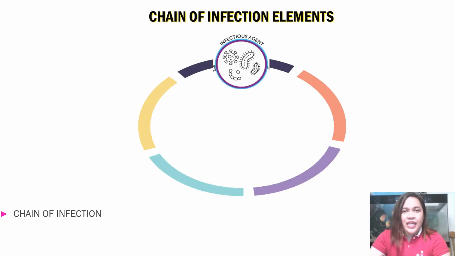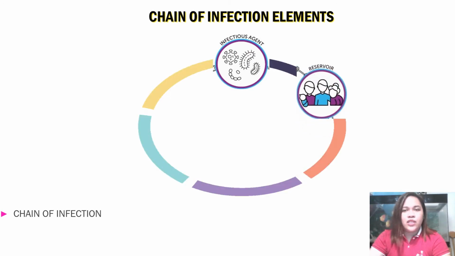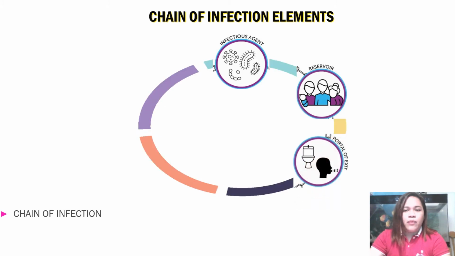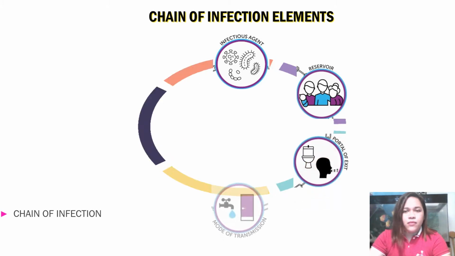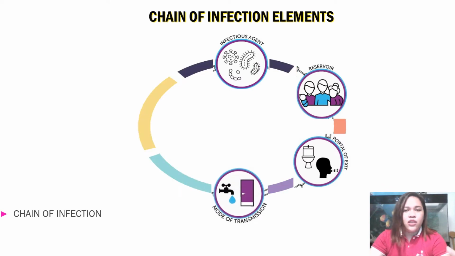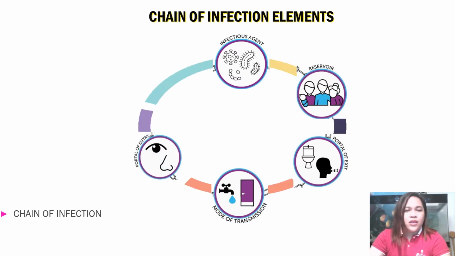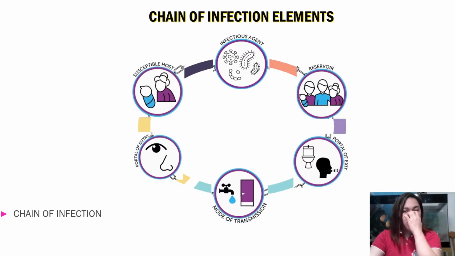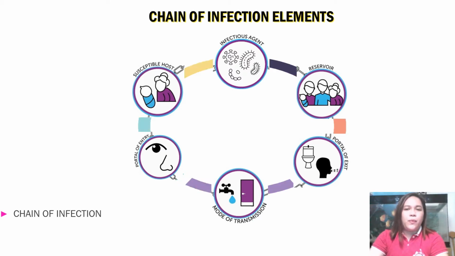We have the infectious agent, the one that causes the disease; the reservoir, or the body; the portal of exit; next is the mode of transmission, or the way it is transmitted to the next person; the portal of entry; and lastly, the susceptible host. So this is your chain of infection.